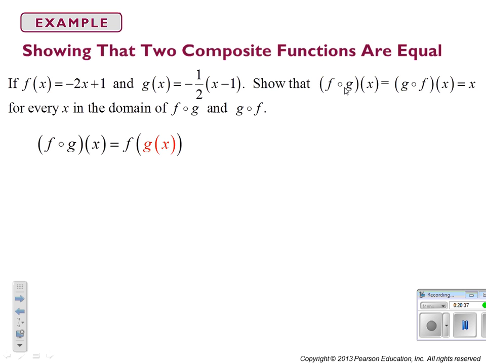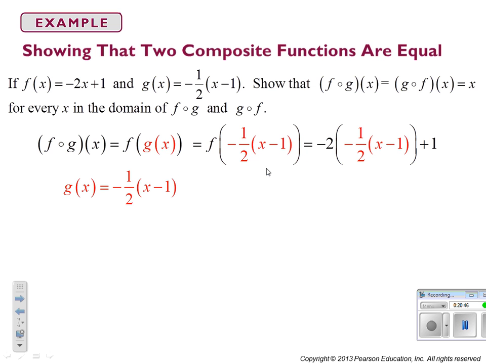We take our f function, take out this x, and replace it with g of x. When we do that, we get -2 times the quantity -1/2 x minus 1, plus 1. We simplify that down to get x plus 2 minus 1, which is equal to just x.